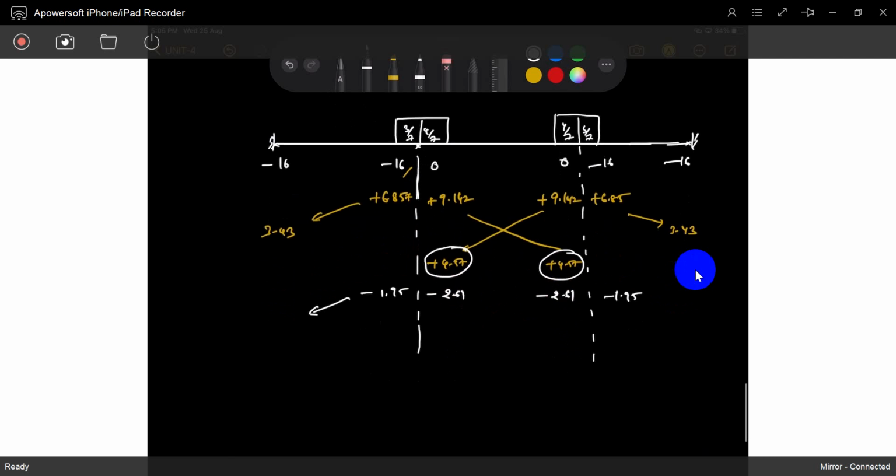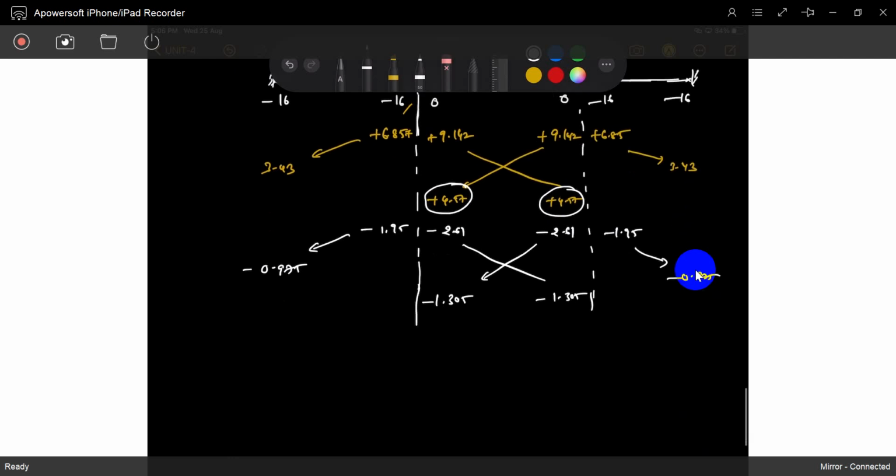Again the carryover factor: 0.975 minus, and 2.61 divided by 2 is 1.305 minus. So 2 iterations are completed.